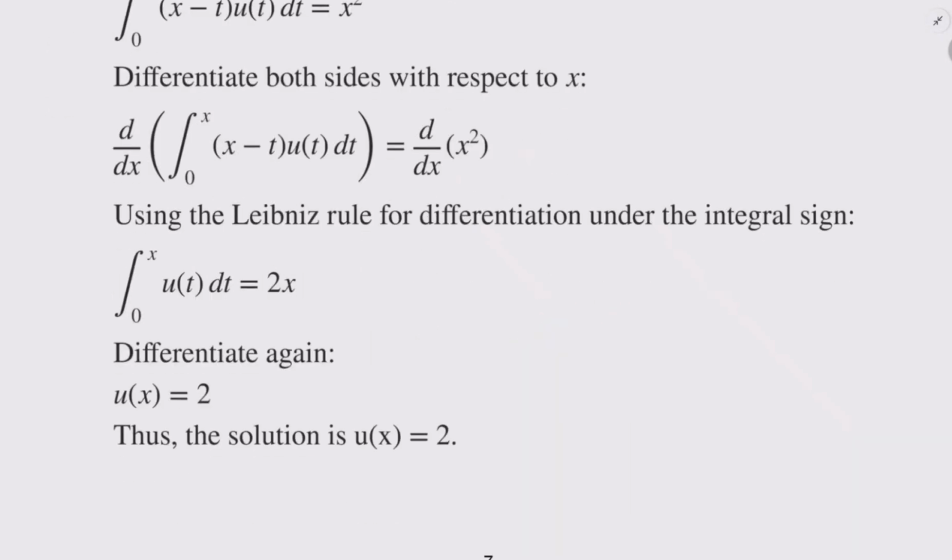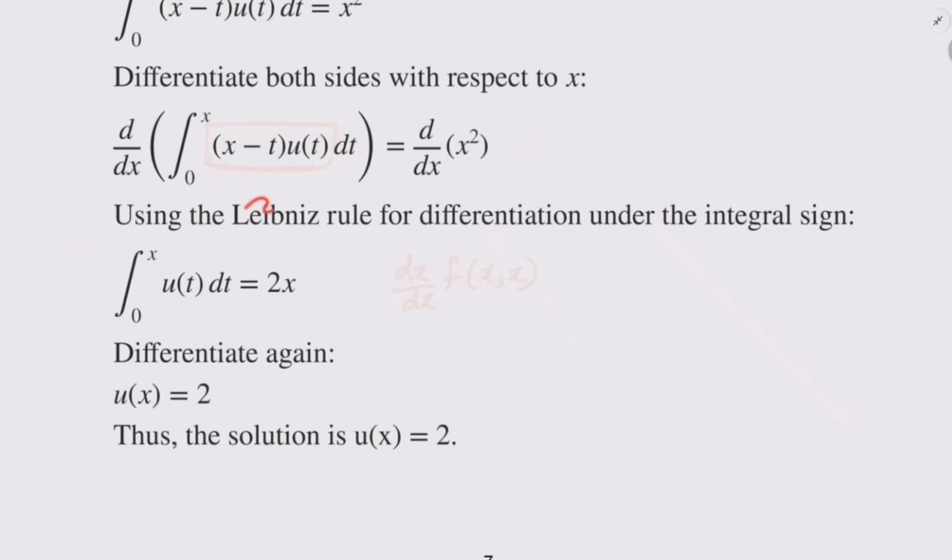Differentiate both sides and apply the Leibniz rule over here. The Leibniz rule says that first you take a derivative of the upper function. So we take a derivative of the upper function, then put x into this whole expression. So this becomes f of x, x.